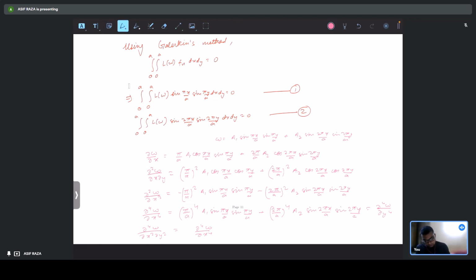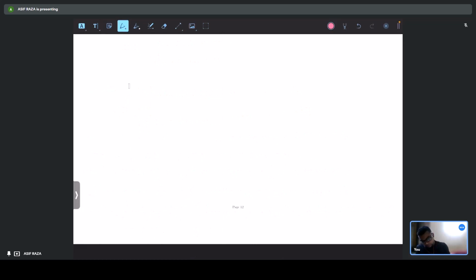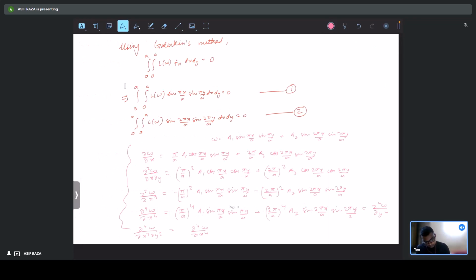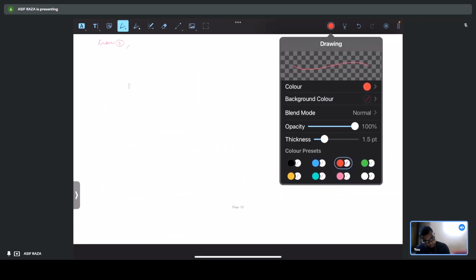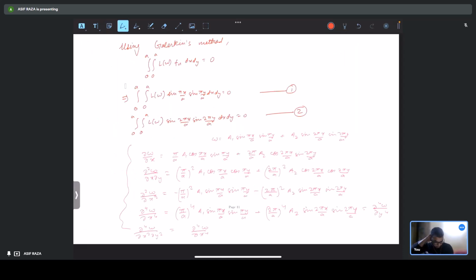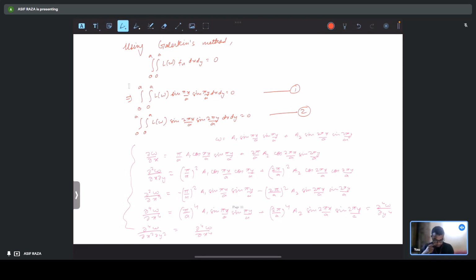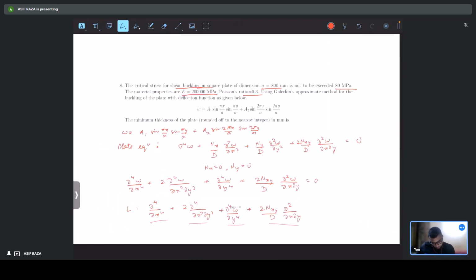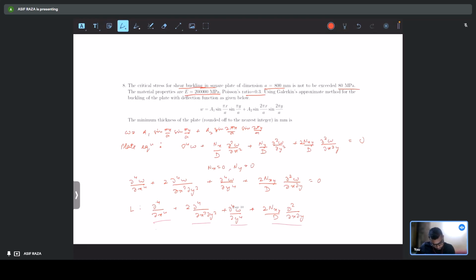Now substituting all these findings in equations 1 and 2. So from 1 we'll get, just this one, 0 to a and 0 to a, and the simplified thing. Like del power 4, so this is equal, this is equal, and this is equal.